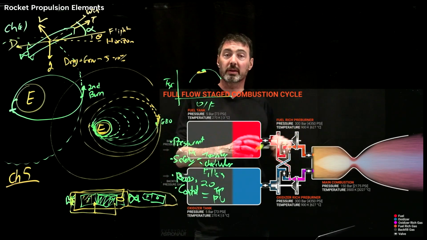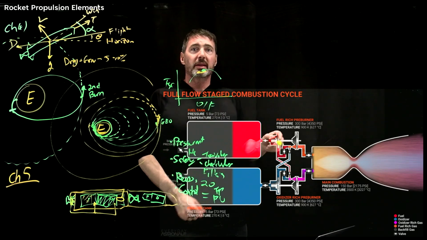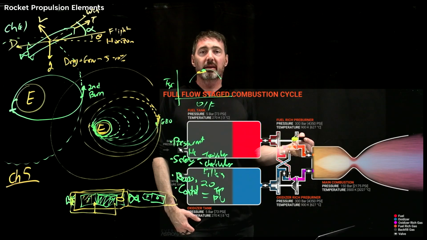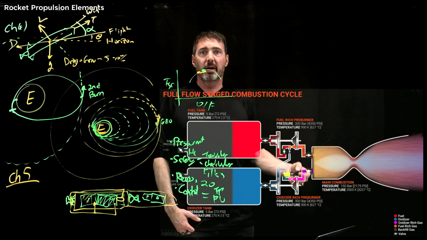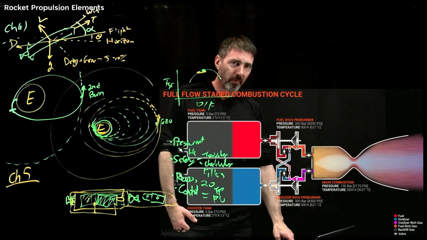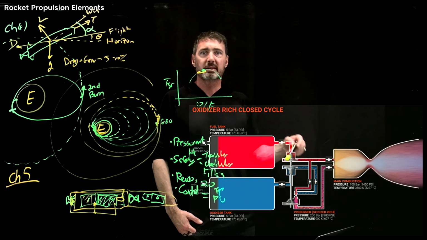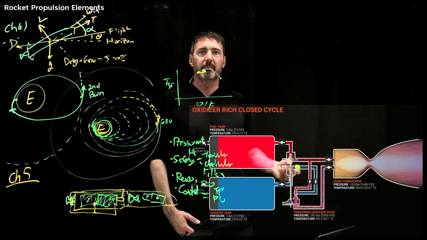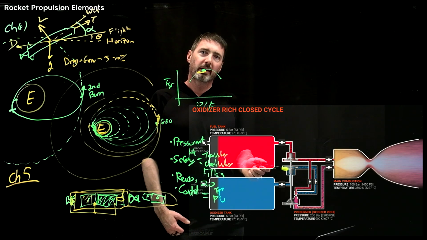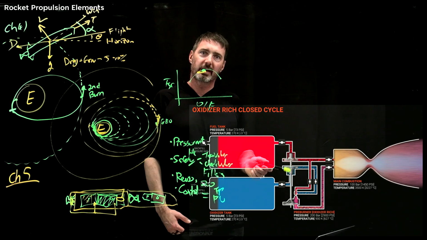Now, why is this important? One, you see the turbine and the pump here is basically all in the fuel line, and the turbine and the pump here is all in the oxygen line. If I go back here, one of the biggest worries from a safety point of view is actually right here. So you have a shaft connecting two things, which there's possibly a leakage path.